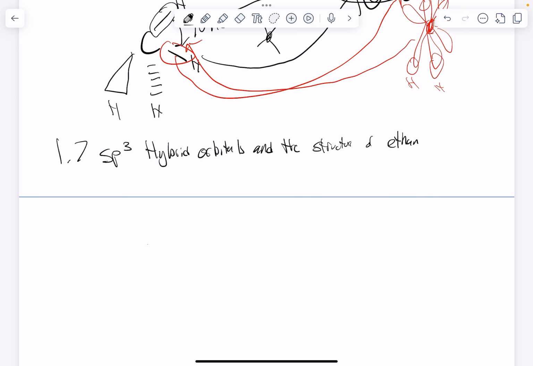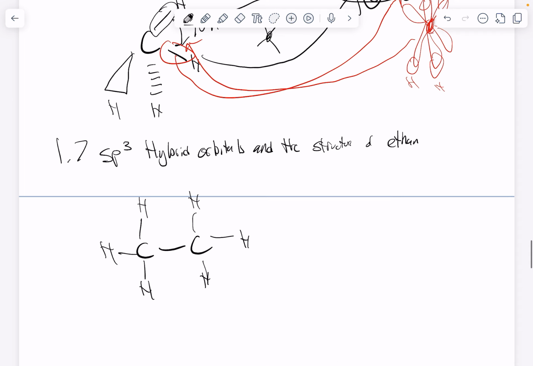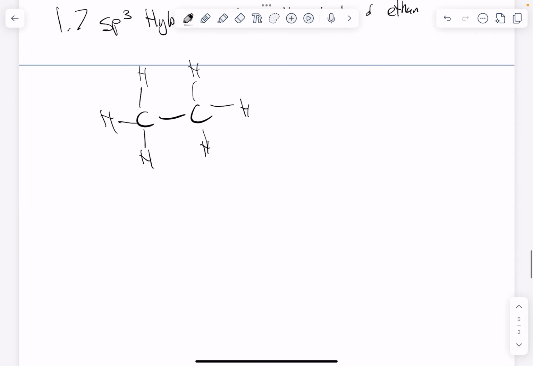Ethane is a carbon bonded to another carbon, with these hydrogens attached to it. And what's going on here is that ethane is forming a sigma bond between the carbons, and has a total of 7 sigma bonds.